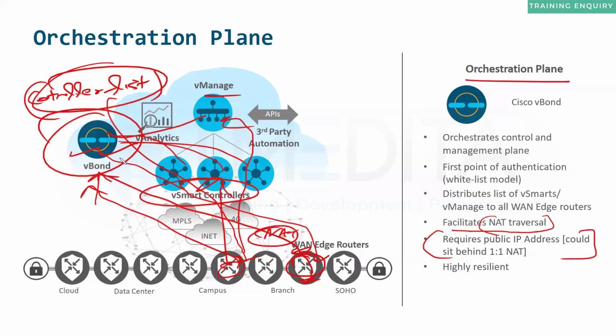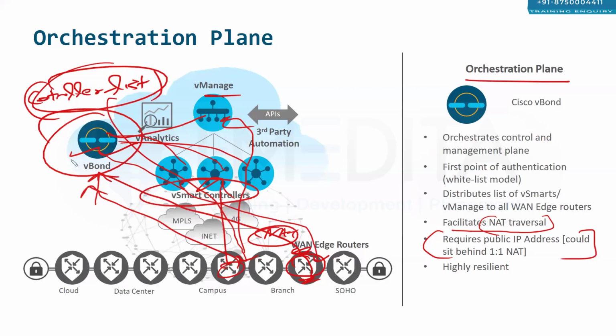Based on that only, if the WAN edge router came with a valid chassis number and valid serial number, then only vBond will authenticate that WAN edge router, else the connection will not be established, and vBond will not be providing the list of the controllers, right?